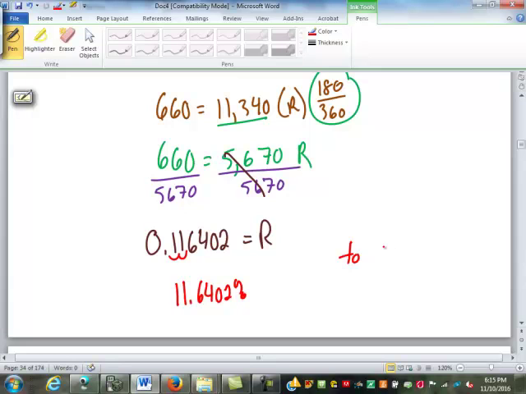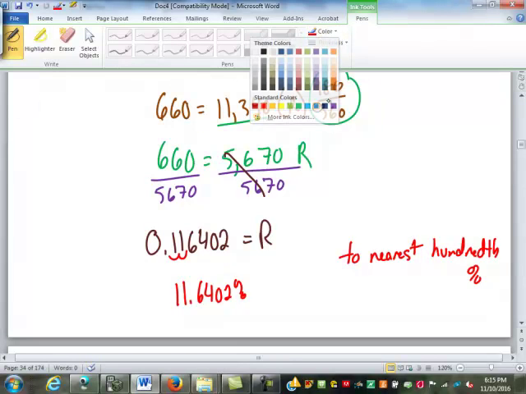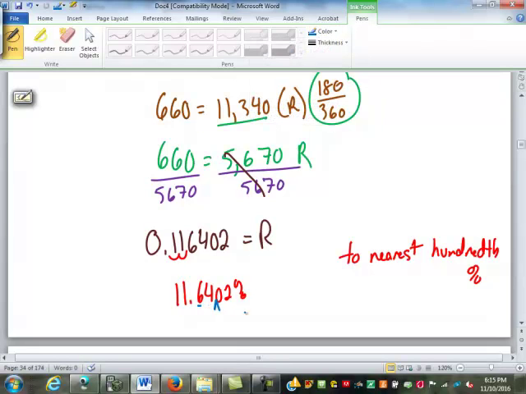If I wanted it to the nearest hundredth percent, that would be tenths, hundredths, 11.64%. How are you feeling about that one? Like you want to try one on your own?